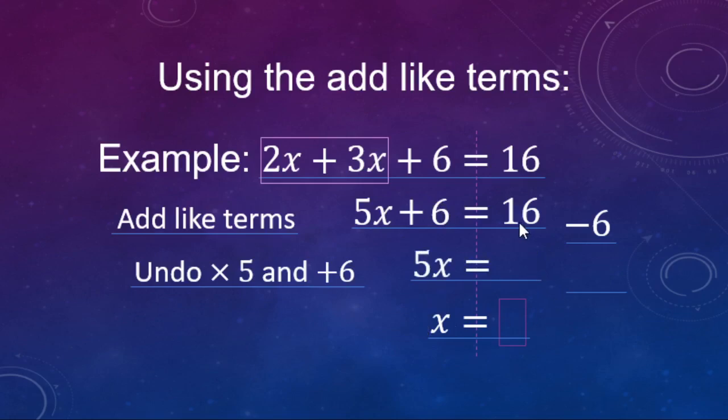And then effectively, especially if we're doing mental arithmetic, 16 minus 6 is the only calculation we really need to do, and that makes 10. We still have to undo the multiply by 5, and that's going to be with a divide by 5. So we already know that's going to leave us with x on the left-hand side. 5x divided by 5 just makes x. And as far as our arithmetic goes, it's 10 divided by 5, and that's going to make 2. So 2 is the value for x that makes this equation true.